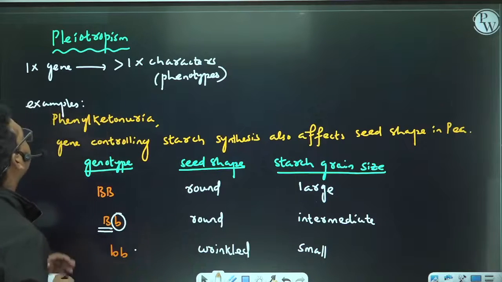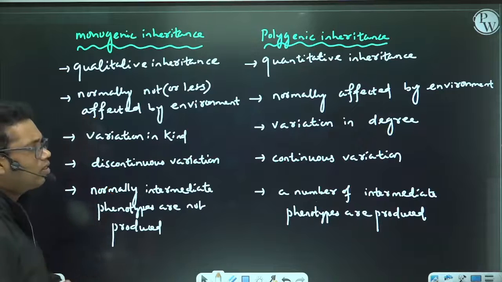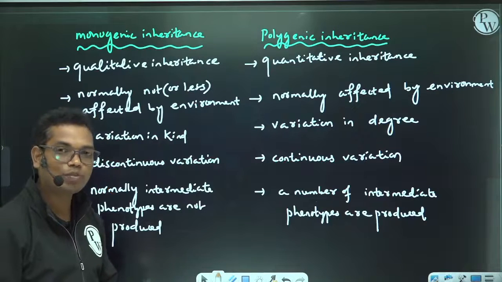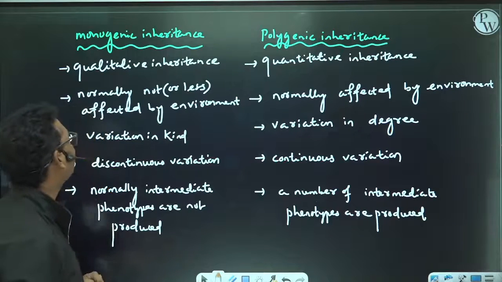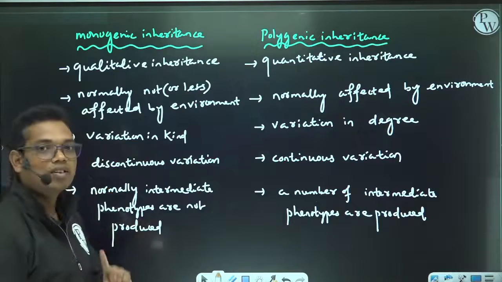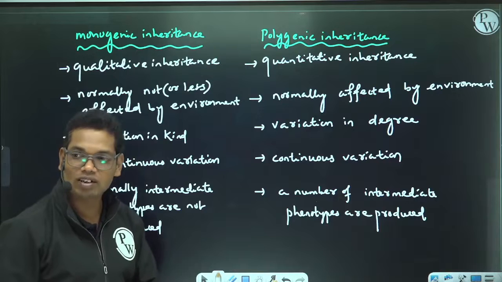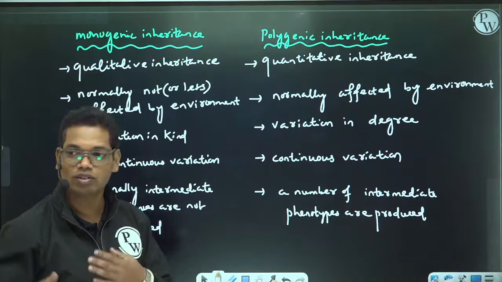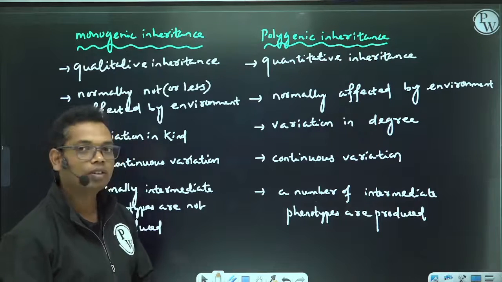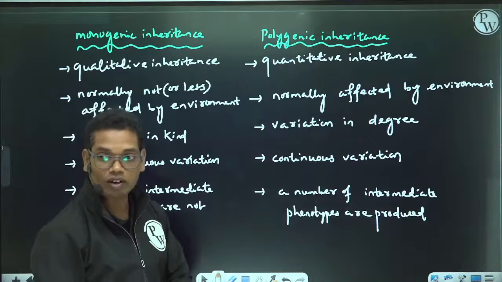Okay, now what are the differences between monogenic inheritance and polygenic inheritance? In monogenic inheritance, one gene controls one character, whereas in polygenic inheritance, I don't know why the voice is having some problem, but I'm sorry for that.